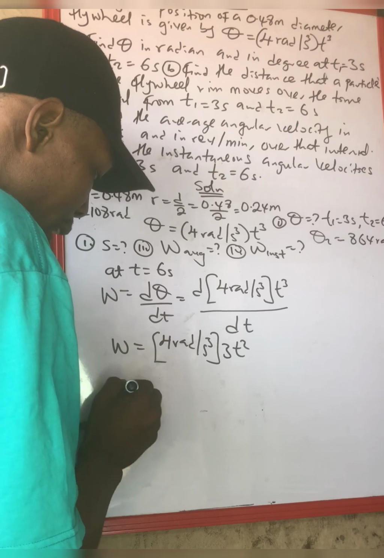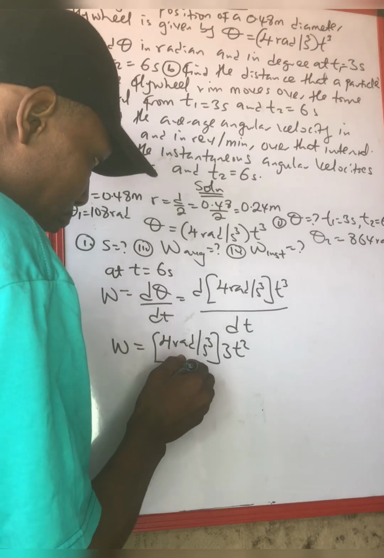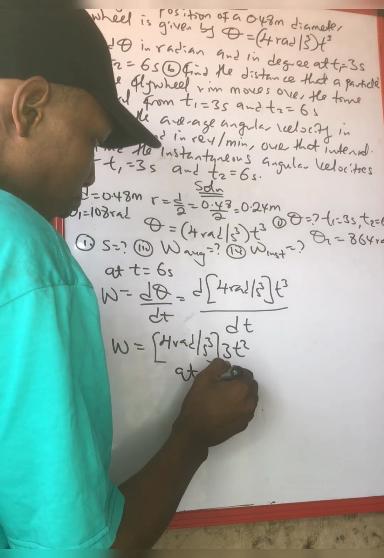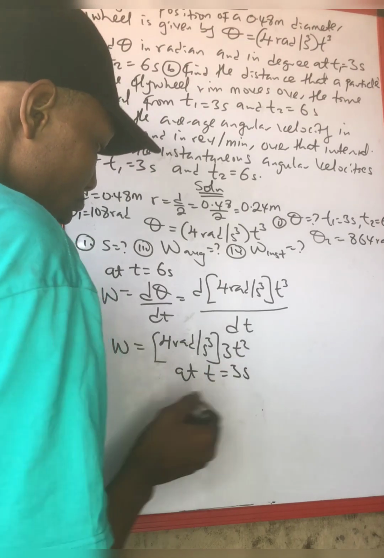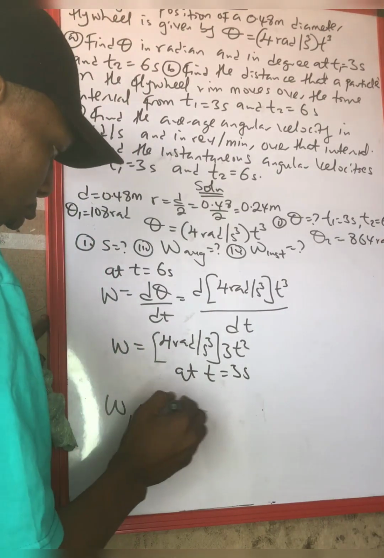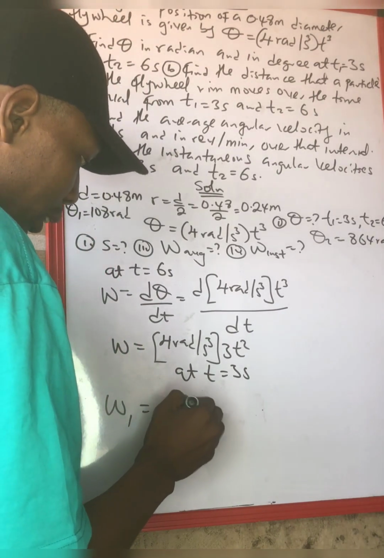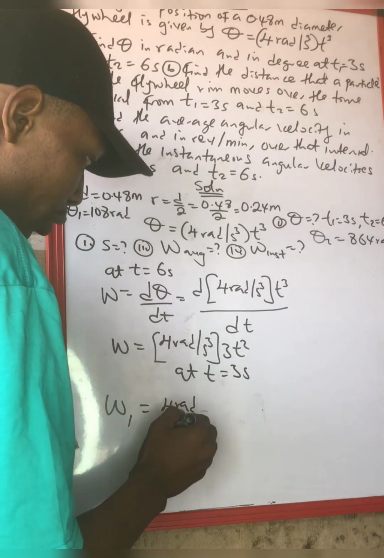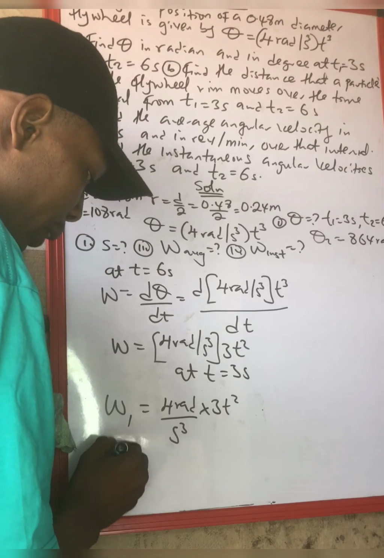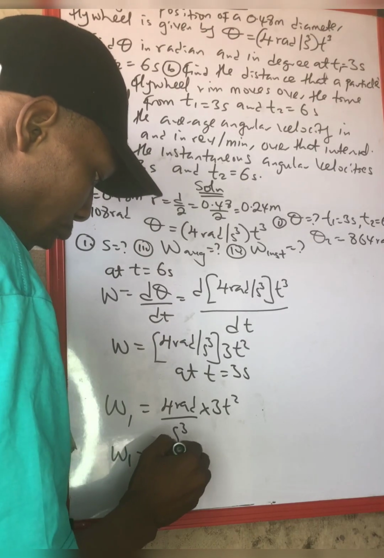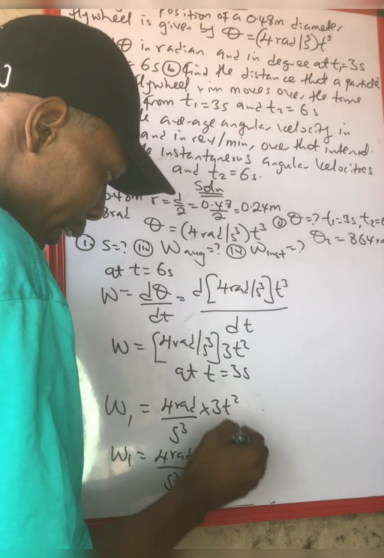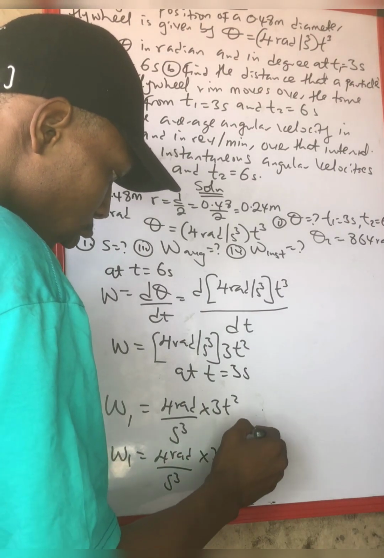So this time around, at t equals 3 seconds, we have w, we can call it w1, equals 4 rad over second cube times 3t square. So w1 becomes 4 rad over second cube times 3 brackets 3 second square.